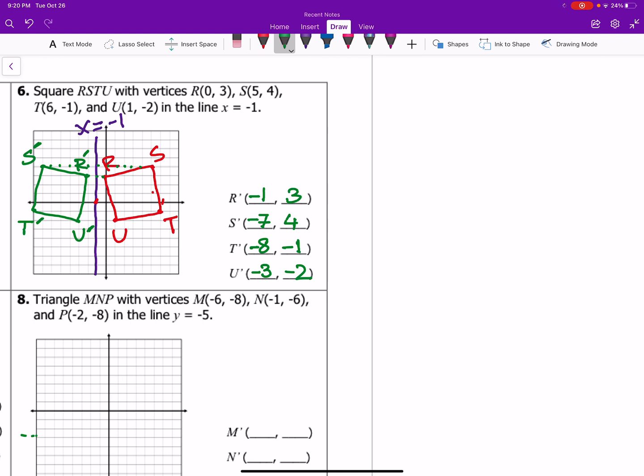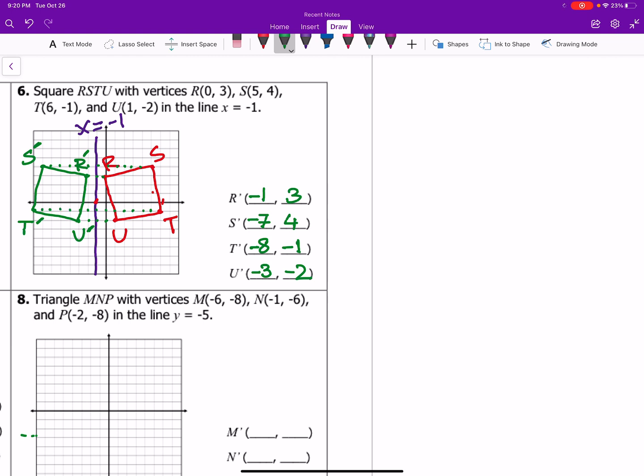Then for U, how far is it? 1, 2 units. So we go 2 units further, preserving the same distance. So 1 and 2, that's our U prime. And from T, you count 1, 2, 3, 4, 5, 6, 7, so you go 1, 2, 3, 4, 5, 6, 7.